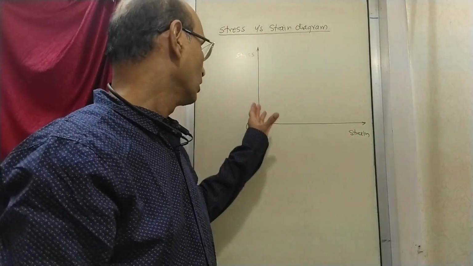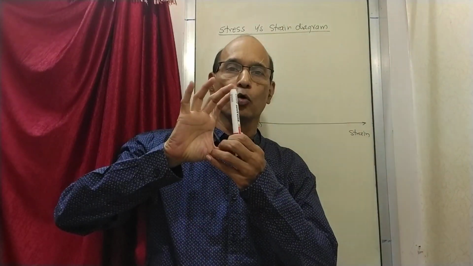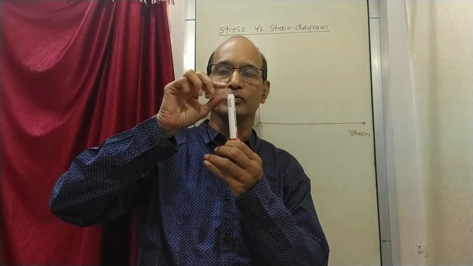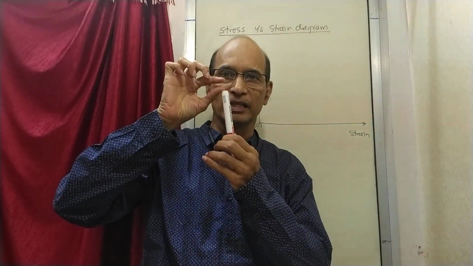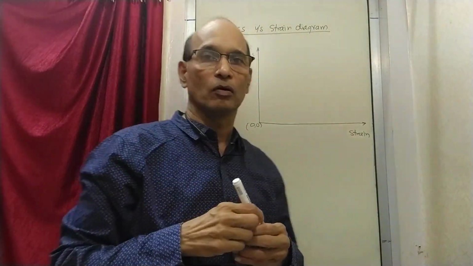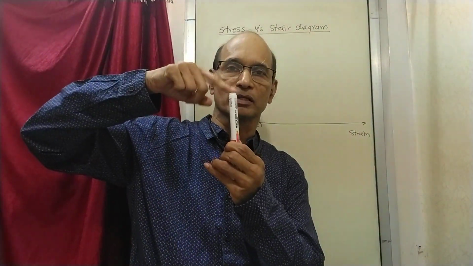X-axis is strain, y-axis is stress. You know what is strain? Strain is change in length to the original length. When I apply a load, this length L is going to change to L plus DL, which is the new length. So the change in length is DL, and DL upon L is what is called strain. And stress, as you know, is load upon the cross-sectional area.